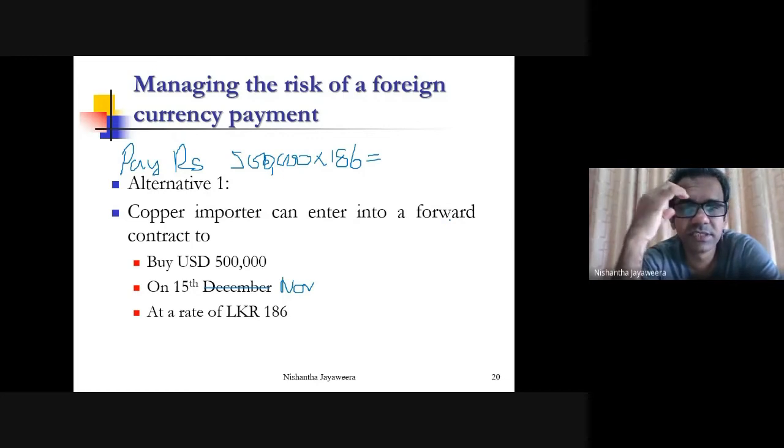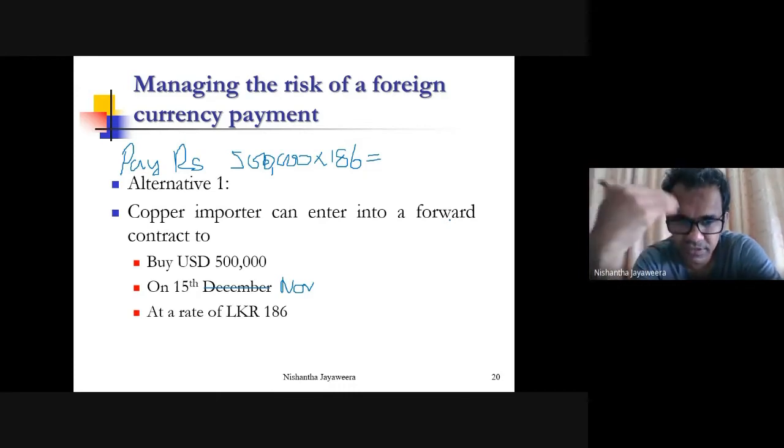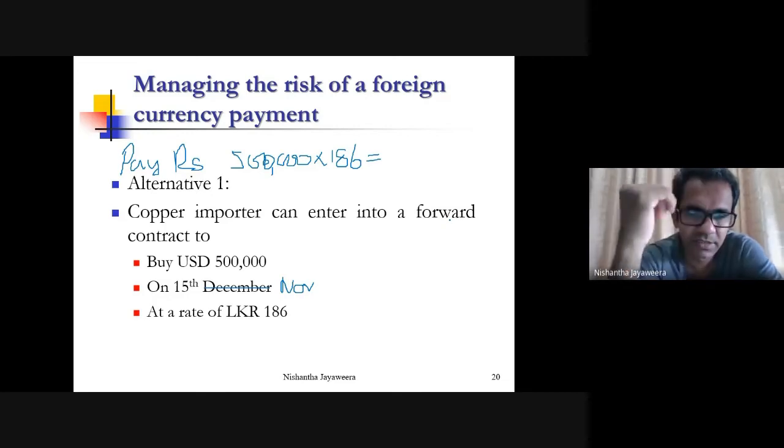If it is a futures contract, still you buy a futures contract. Again, the same problems will be there, whether you will be able to find the exact maturity or you go for the next nearest. Generally, that's the case. You don't get a shorter maturity than your required maturity date. You go for the longer maturity of a futures contract than the maturity of your transaction.